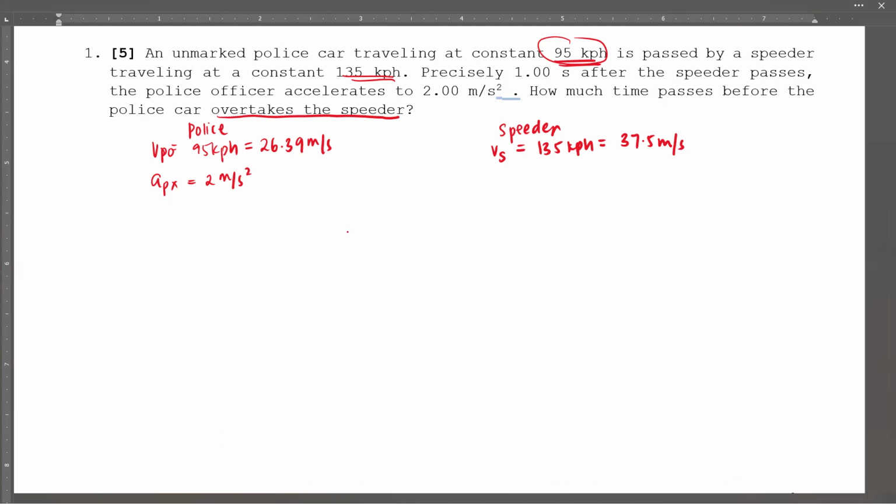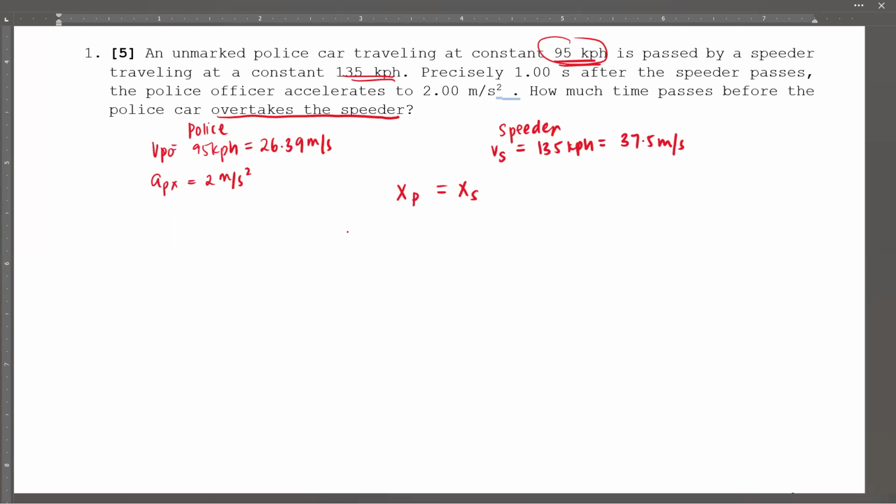Obviously, ang same parameter nyo ay yung ating distance, yung x. So, dapat, ang magiging x ni police ay equal sa x ni speeder. At this point, alam natin na dahil nag-accelerate si police, ma-overtake na niya si speeder natin.